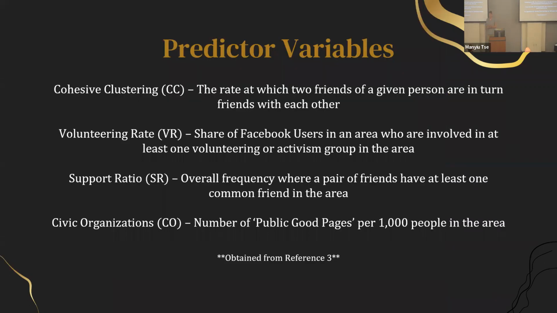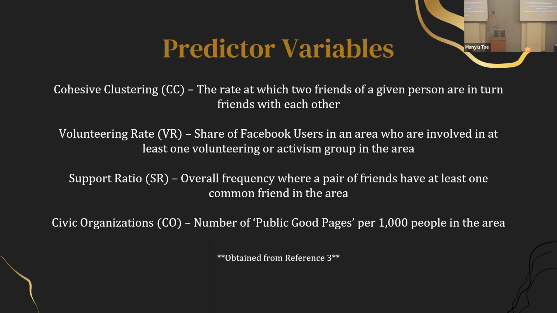For the predictor variables that go into economic connectedness, we weren't assuming that they do, but we wanted to look at specific variables taken from the census report that looked into economic connectedness. The ones that they also measured in this study were cohesive clustering, volunteering rate, support ratio, and civic organizations.